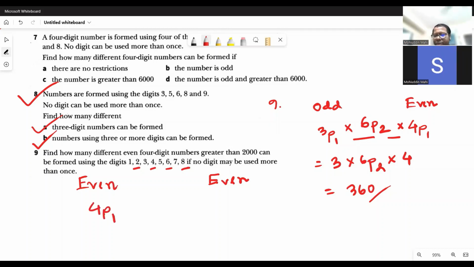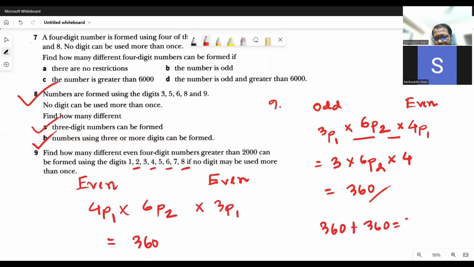Now, as we have used 1 even number, we are left with 3 even numbers. So from those 3, we can pick 1 even number in 3P1 ways. And how many positions left? 2 positions left in between the first and last digit. And we are having 6 numbers from which we can pick 2 numbers. So that can be done in 6P2 ways. So here the answer is going to be 360 as well. So overall result is 360 plus 360 equals 720. So that will be the final answer.